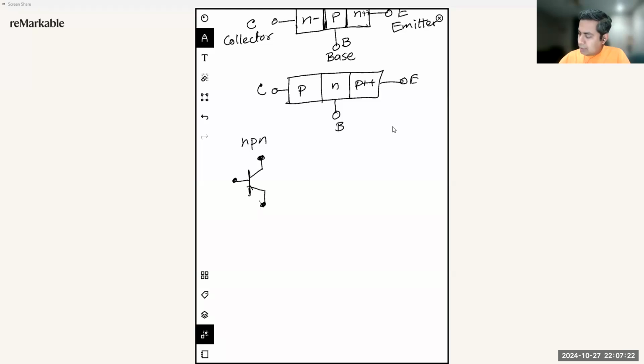You can see that just like a MOSFET, the base is on the left, the collector is usually on top, and the emitter is usually on the bottom.